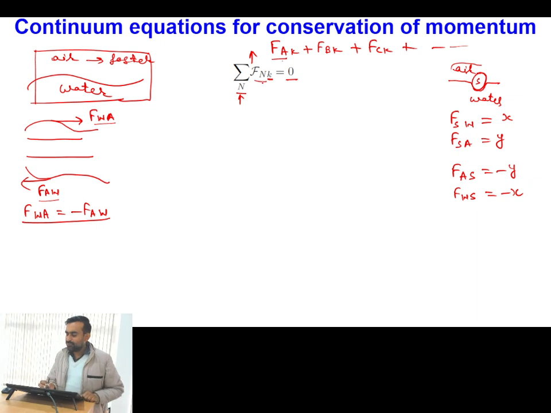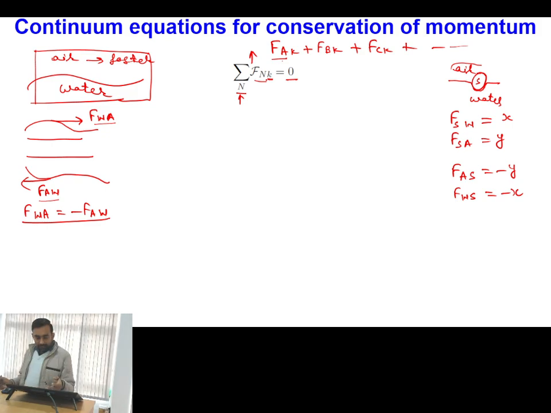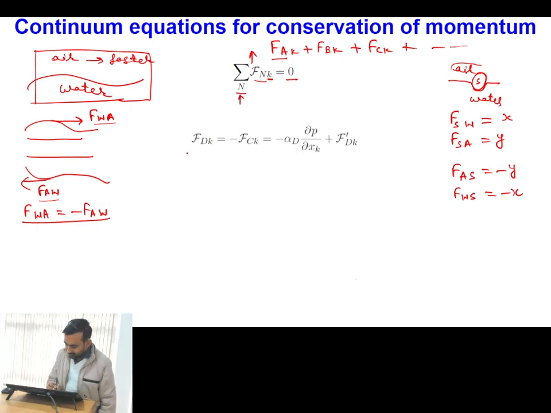So the sum of the interaction forces, only the interaction forces on all the phases, if I sum them, has to be equal to 0. Now comes one important point.